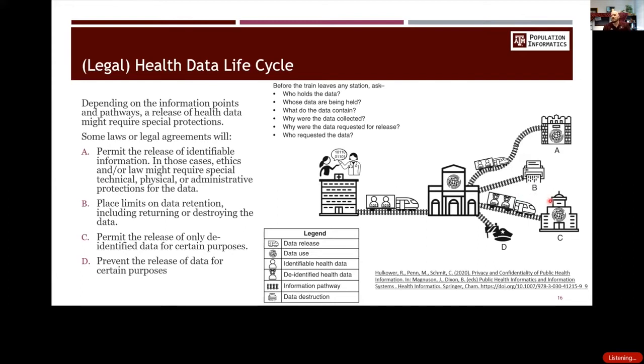Other laws might define or require specific data retention measures. They might include how long you need to maintain data, whether that data needs to be returned, whether that data needs to be destroyed. Other types of laws might prevent or permit the use of only de-identified data for some purposes.